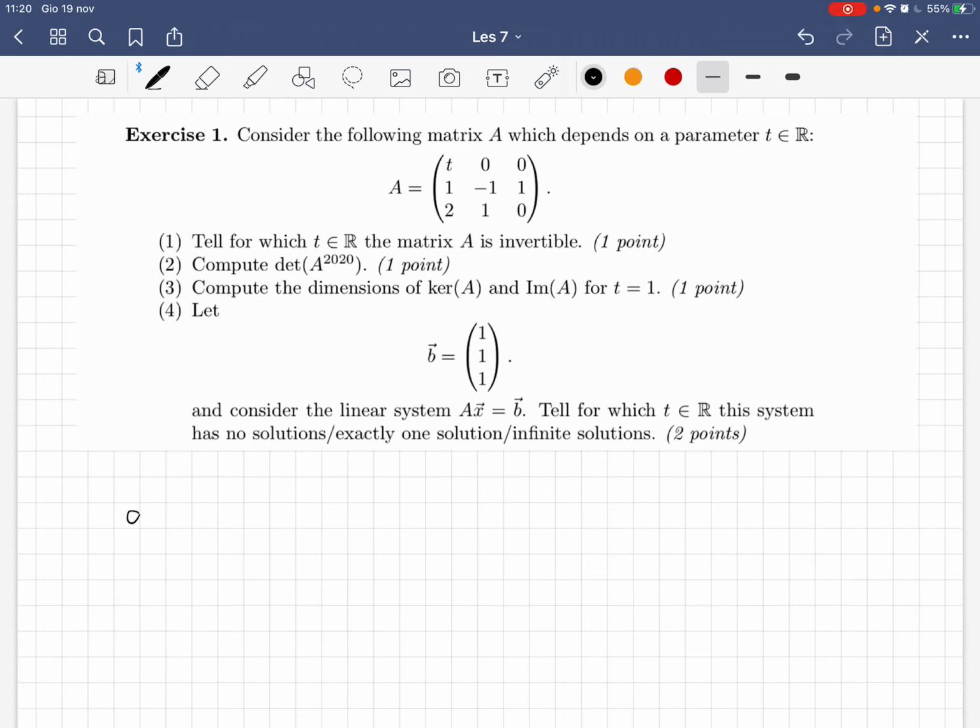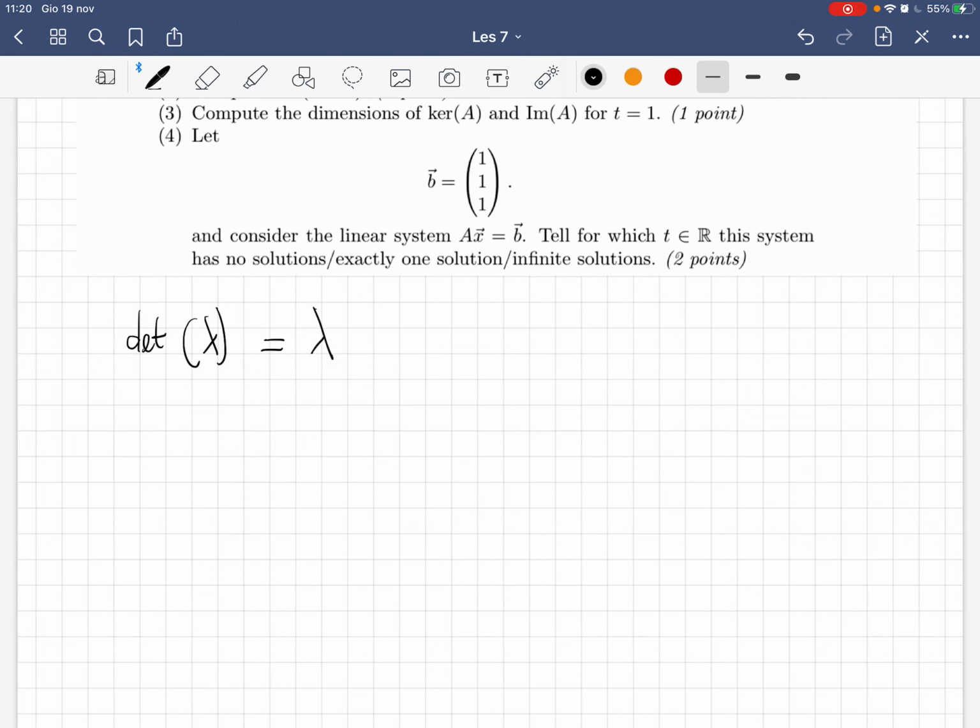If you have a 1 by 1 matrix, for example this, then the determinant is just the number itself. If you have a 2 times 2 matrix, like this, the determinant is given by this formula.